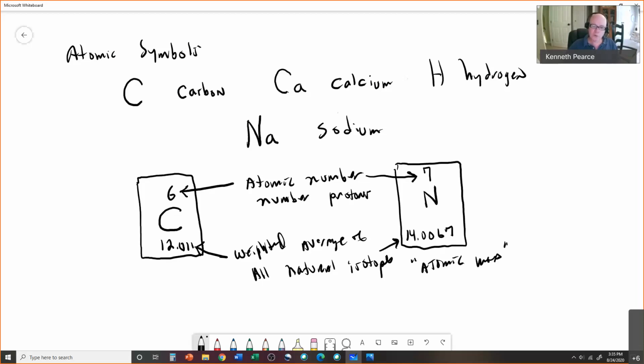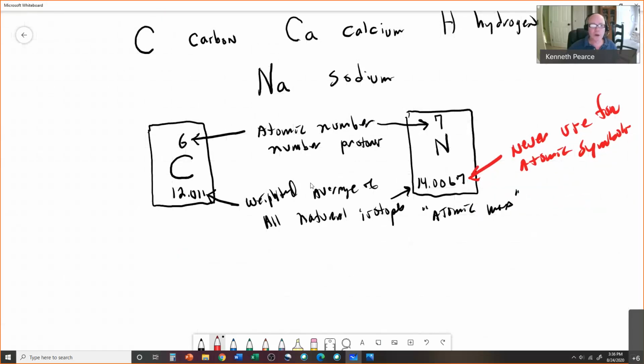Now, when we write an atomic symbol, we do not use this, never use it for atomic symbols. Now we're going to use that bottom number for a lot of calculations, particularly in future chapters, when we'll have something called the molar mass, and that's what we're going to use that for. But for atomic symbols, we would not use that bottom number. So we would not be using these bottom numbers, but we do use the atomic number.